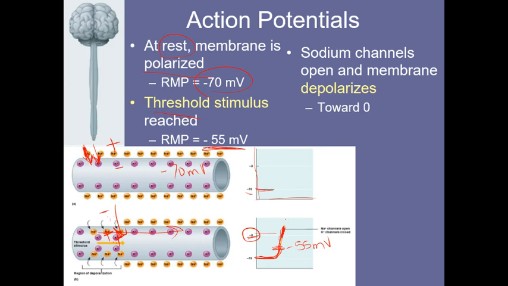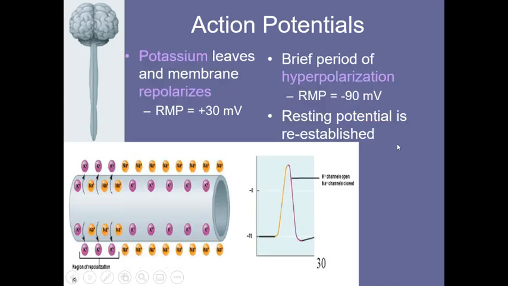If it's below and never reaches negative 55, no impulse. Once it reaches 55, all those little channels all in order start to go, okay? And everything starts to depolarize. We move towards 0. We move past 0 towards a positive, okay? So here's that sodium flowing in, right? Sodium flows in first, and then potassium will flow out.